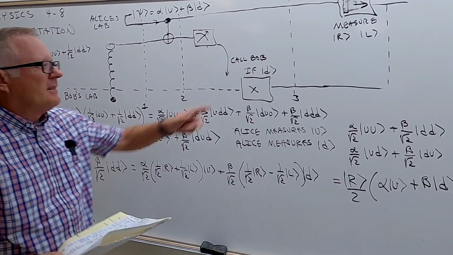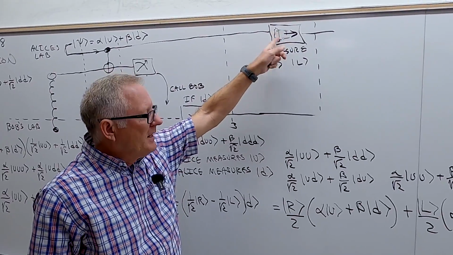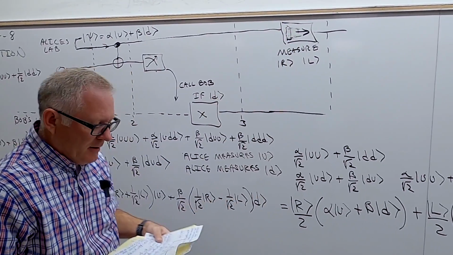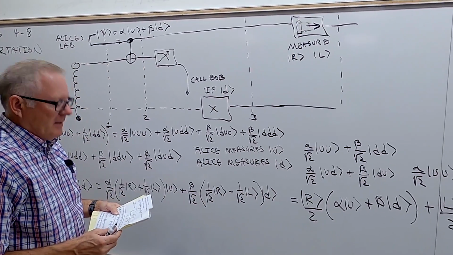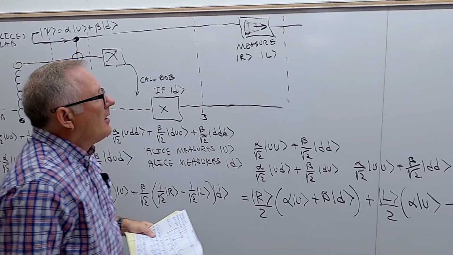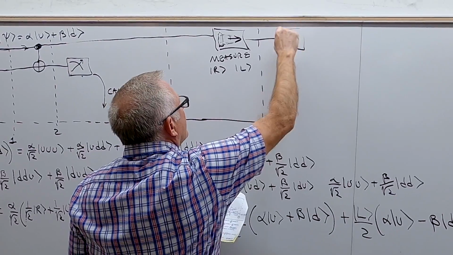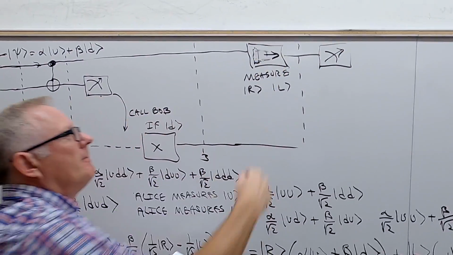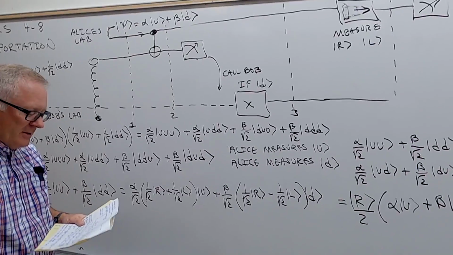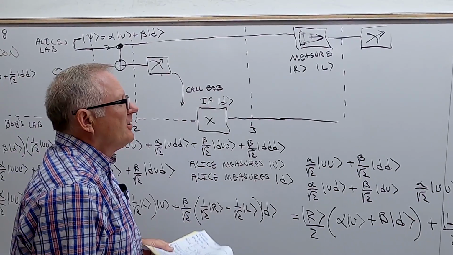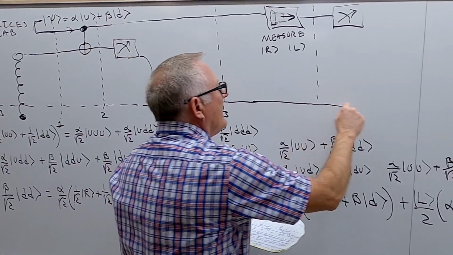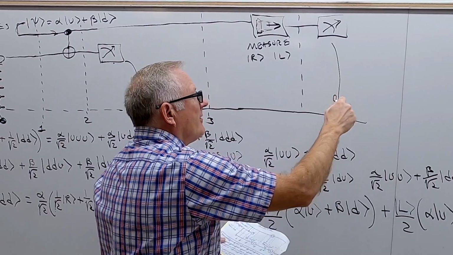Now we want to make this a measurement right here, because you're going to read something off of there. How can I write it? I guess I could write it like this. And what Alice is going to do is she's going to call Bob again. It's a two phone call thing.